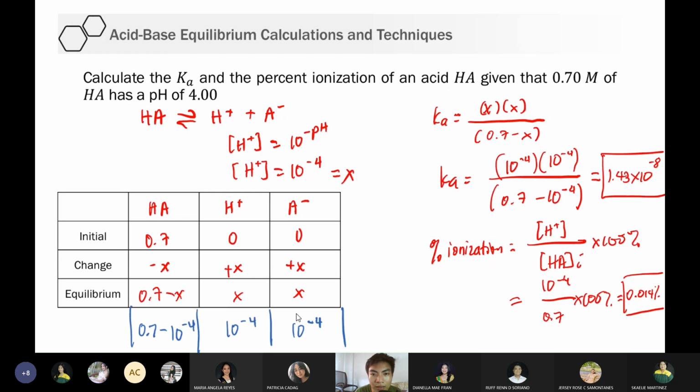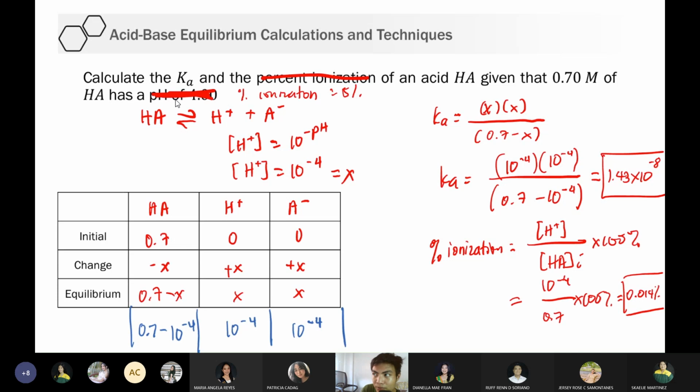So, ganun. Another type ng question na ganito yung approach is, instead of saying the pH, sasabihin niya doon, given that 0.7 molar of HA has a percent ionization equal to 5%. Kunwari, ganun yung problem.